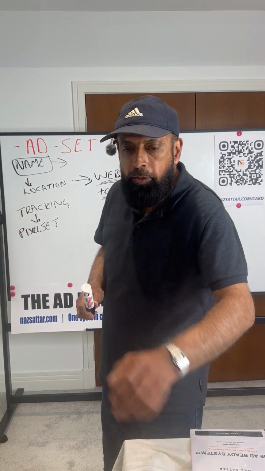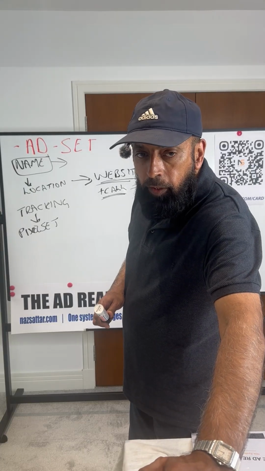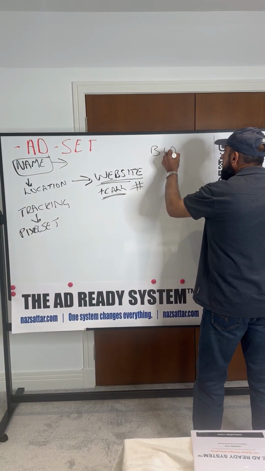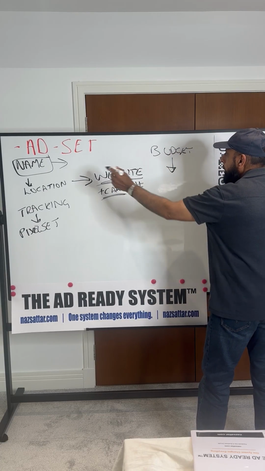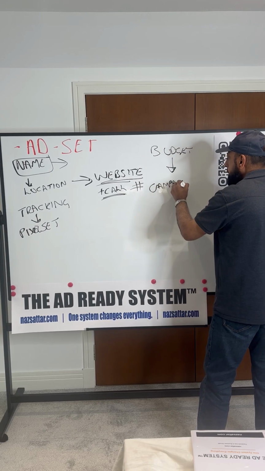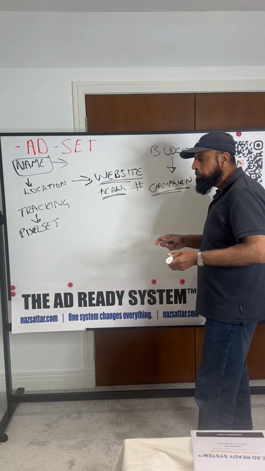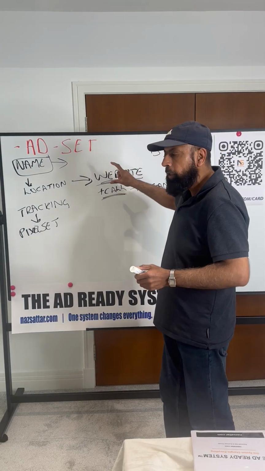So the next thing is budget. It'll come down to budget, but we're not going to fill that in because we've already filled the budget in at the campaign level, if you remember, because we wanted Facebook to decide where they're going to spend the money, since we're only going to have one ad set.